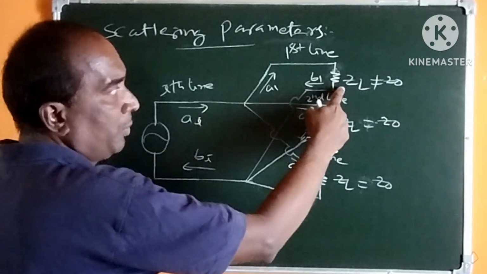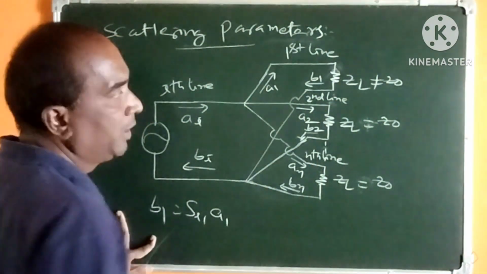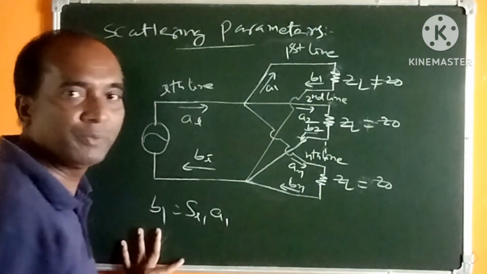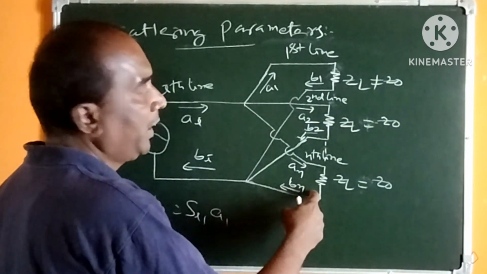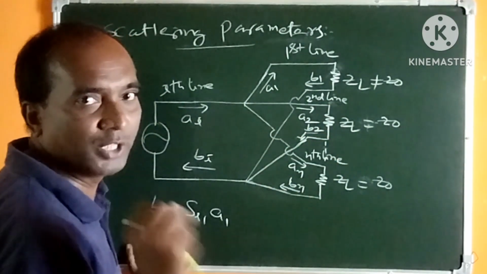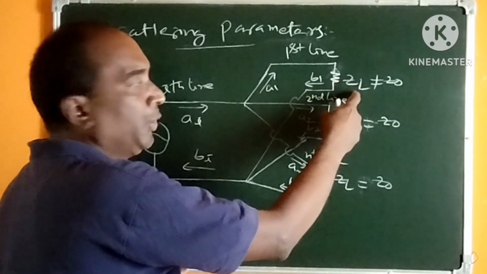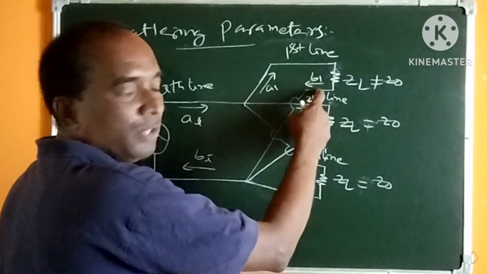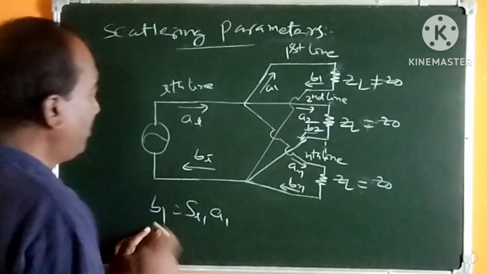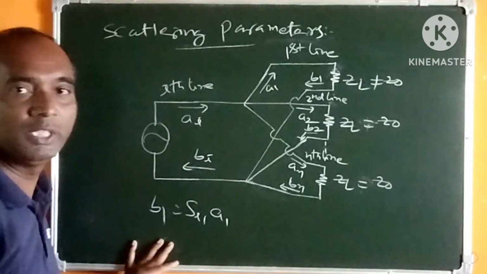The first line is improperly terminated, and the remaining lines are perfectly matched with the junction. Therefore, for the second line to the nth line, the signals are completely absorbed, with no output, whereas the first line has improper termination. Due to that, a reflected wave comes out.